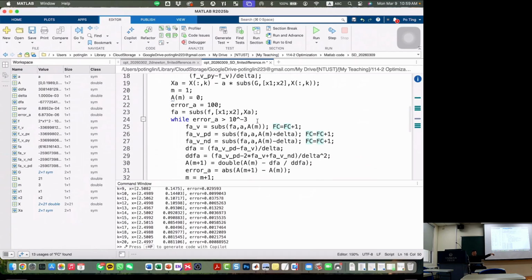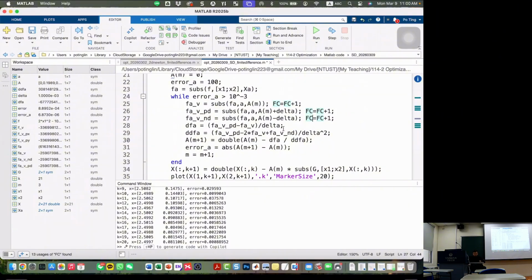And for the inside loop, the subproblem, every time you will compute 3 function calls as well, because it's a one-dimensional second-order derivative. Also 3 function calls for one iteration inside the alpha line search.